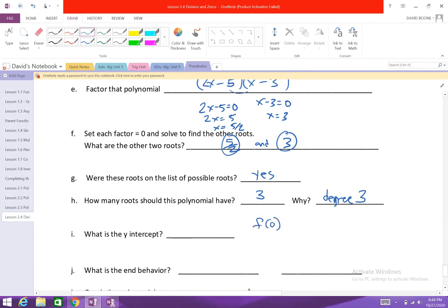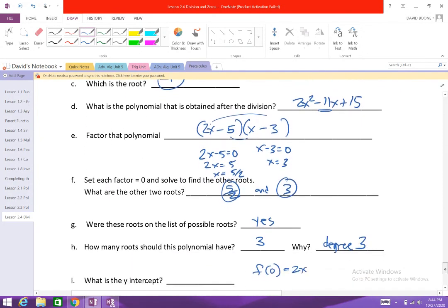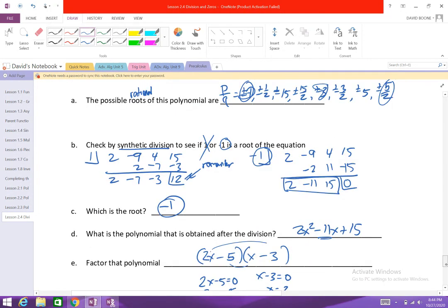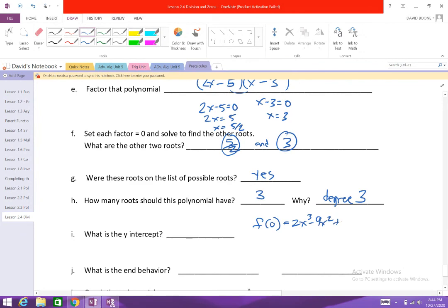So that's f of 0 of that 2x to the third minus 9x squared plus 4x plus 15. So I'm just putting zeros in for that. So put 2 times 0 to the third minus 9 times 0 squared plus 4 times 0 plus 15. And those are all zeros. So this should just equal 15. The y-intercept is at 0, 15.